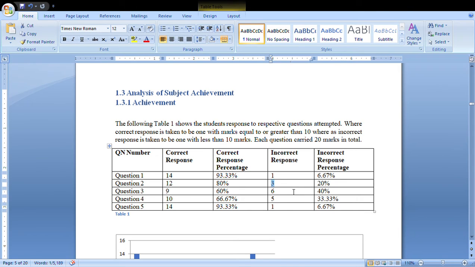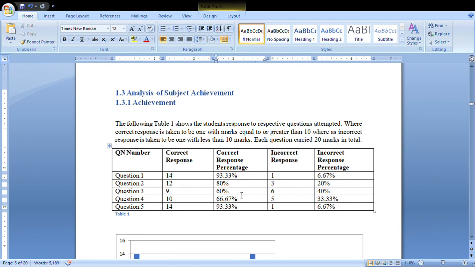Incorrect response being the total number of students who attained marks less than 10. So in order to get the incorrect response percentage, you do the same thing as we did for the first question. You get 3, divide that by 15, which is the total number of students, and you multiply that by 100, and you get 20%. So basically 20% is the total incorrect response percentage for the second question.